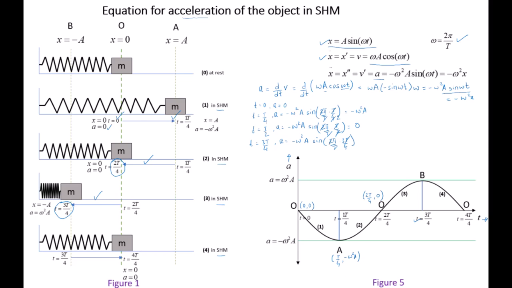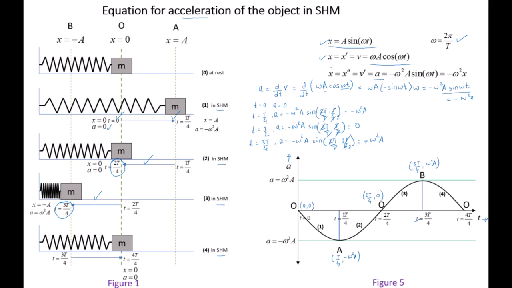T and T cancel. This will be 2 in the denominator, and we know that sine 3 pi by 2 is minus 1. So minus of minus will become plus, and therefore this will be plus omega square A, and that is what is represented by this point. So I can safely write the coordinates of this point as 3T over 4, comma, omega square A.